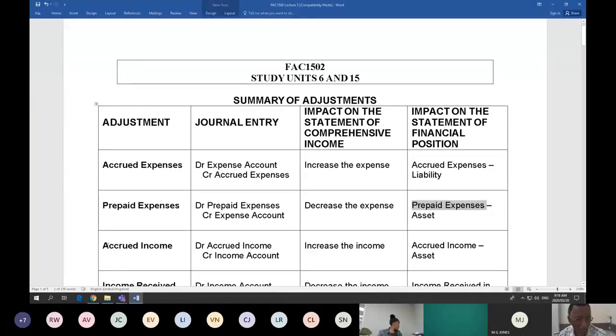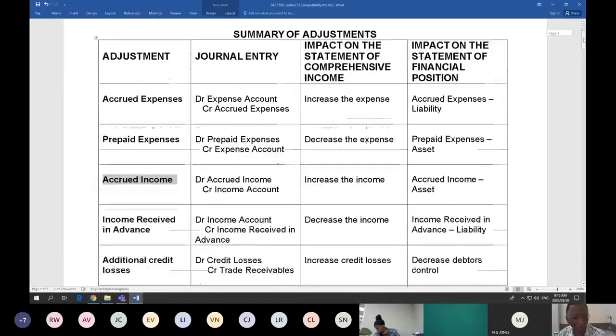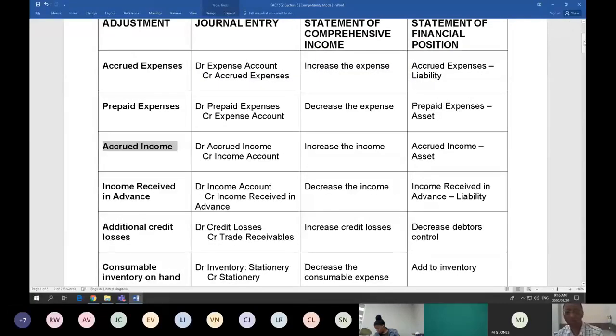Right, adjustment number 3. We take a look at the third adjustment. The third adjustment is when we deal with accrued income. Now, accrued income will occur when you were supposed to receive money for the current financial year and you did not receive that.